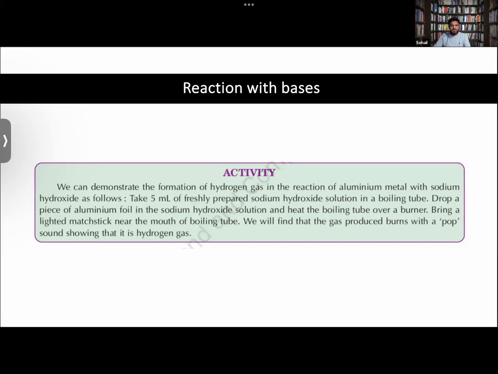Bring a lighted matchstick near the mouth of the boiling tube. We will find that the gas produced burns with a pop sound, showing that it is hydrogen gas. Okay, so when the metal aluminium reacts with freshly prepared sodium hydroxide, it will release hydrogen gas, and it is proved because it burns with a pop sound.